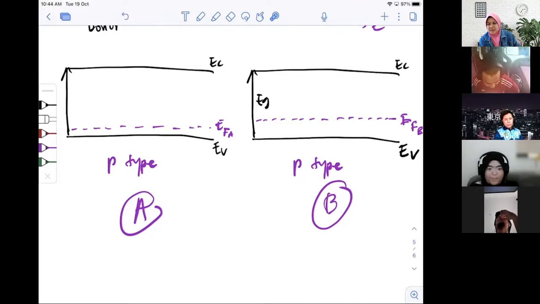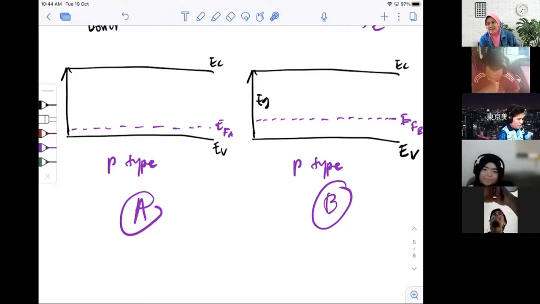Do we rise it from the valence band or from the conduction band? That's what I'm confused about. I guess it depends on the valence band, because for p-type it relates to the valence band, because the Fermi level for p-type is below the middle line, the intrinsic semiconductor Fermi level. That's my answer. I don't know if it's right or wrong.